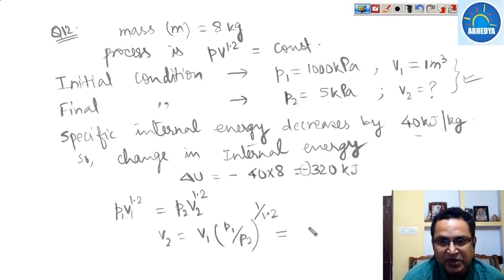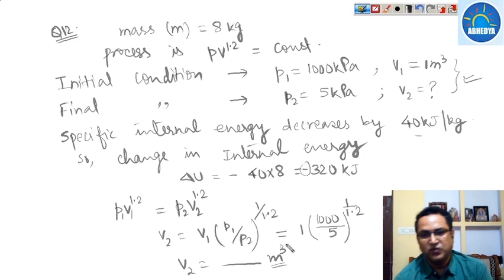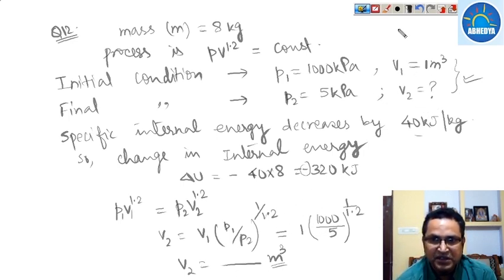So this comes to be 1 meter cube, P1 is 1000 kilopascal, P2 is 5, raised to the power 1 upon 1.2. So with the help of this we can easily find out the final volume of the gas. So the final volume is known to us.